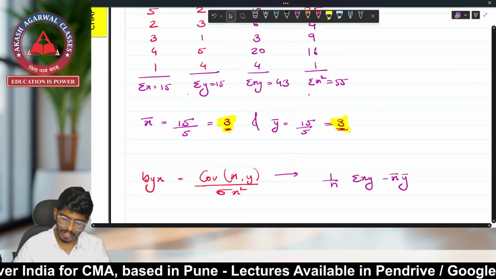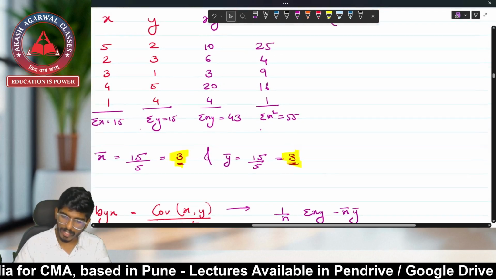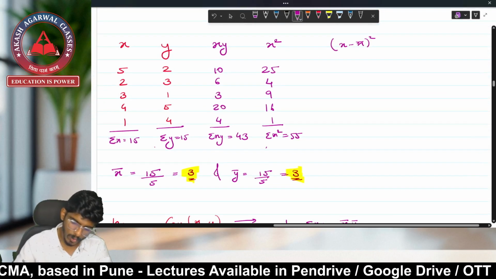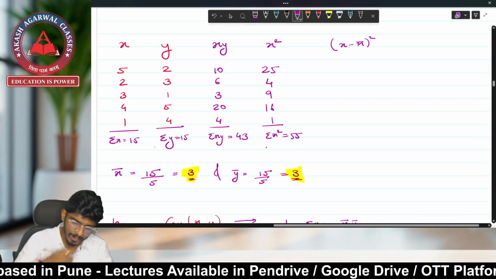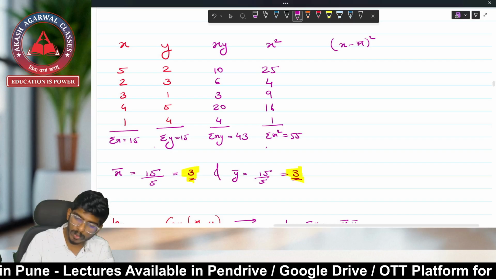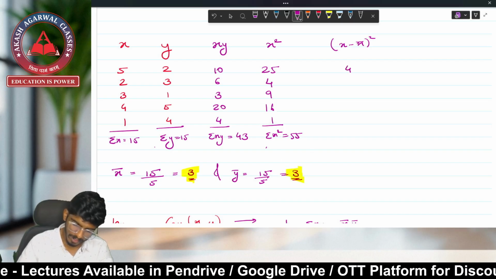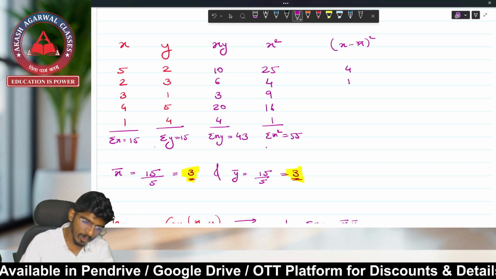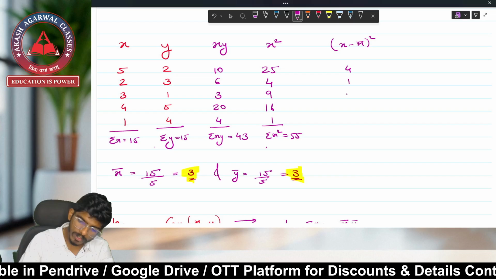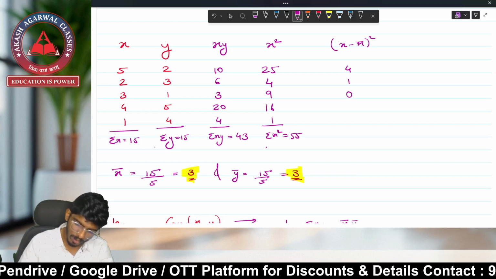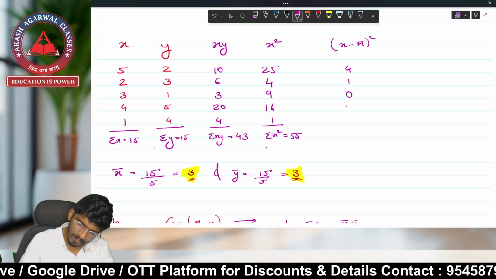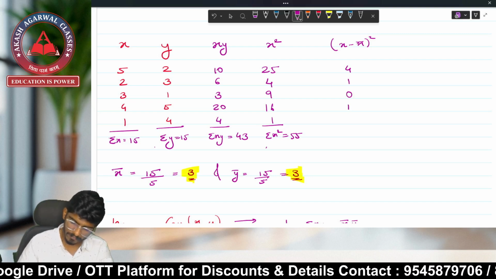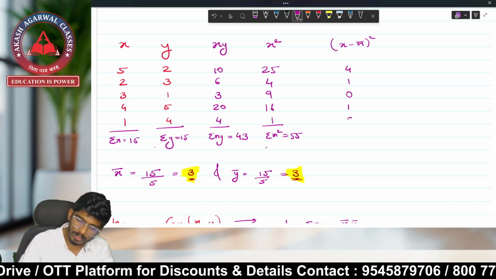So I got x bar and y bar. Now I need x minus x bar square. My x bar is 3, so 5 minus 3 is 2, and 2 square is 4. Then 2 minus 3 is 1, 1 square is 1. 3 minus 3 is 0 and 0 square is 0. 4 minus 3 is 1 and 1 square is 1 again. 1 minus 3 is 2 and 2 square is 4.